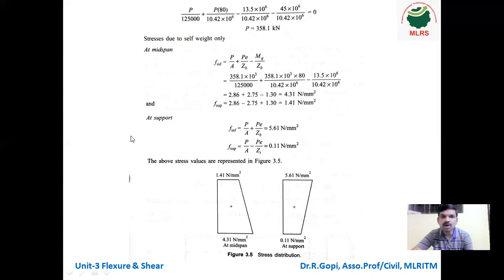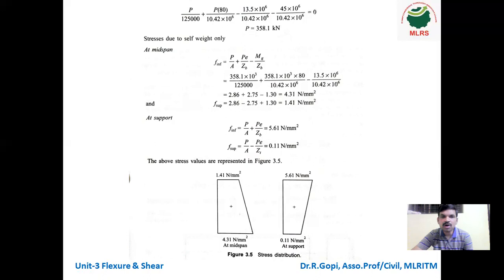Next, at support. At support means at the edge, so the moment value will not come. Maximum moment occurs at midspan, so at midspan we used mg divided by ZB. But at support, the moment value is 0 because it is simply supported.